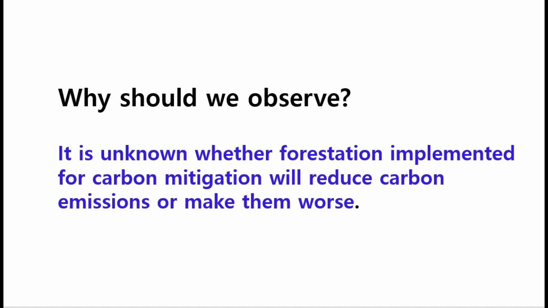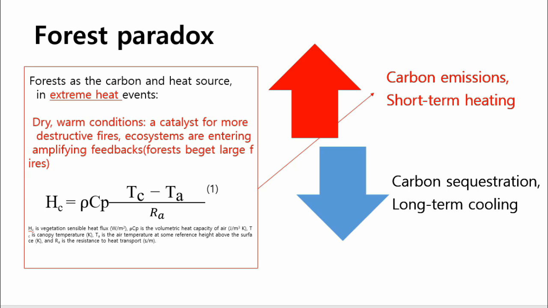Although most carbon policies pretty much regard forests as a carbon sink, these days, as things are getting drier and hotter, and we are entering extreme heat events, the mechanism of forests is getting more diverse and more complicated.